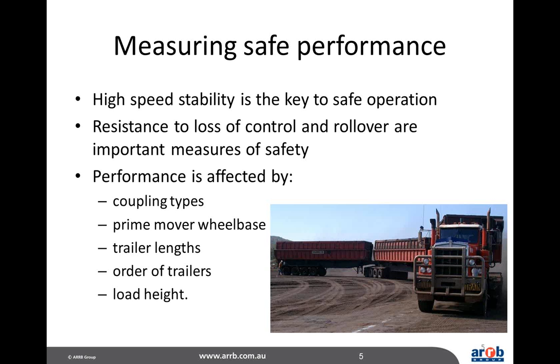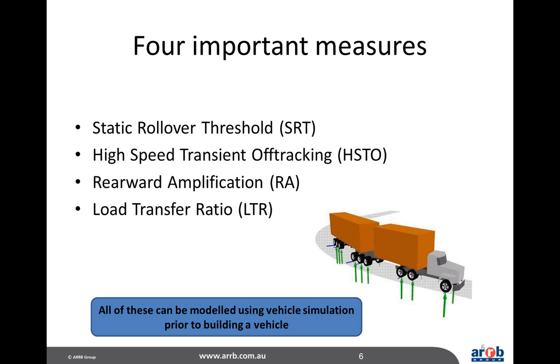It's effectively their wheelbases as well. The order in which the trailers are assembled into the truck, and the height of the loads, or more importantly the height of the centre of gravity of the vehicle. And I'll go into more detail in that in a few slides' time.